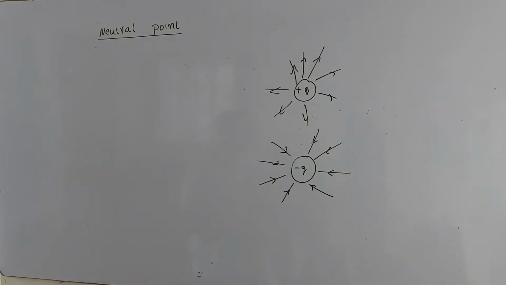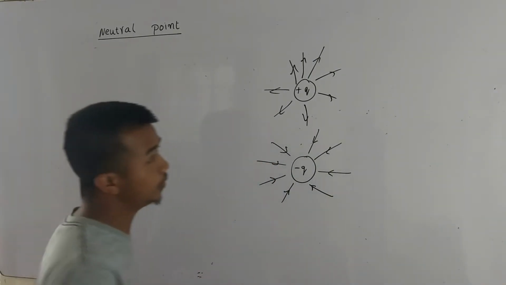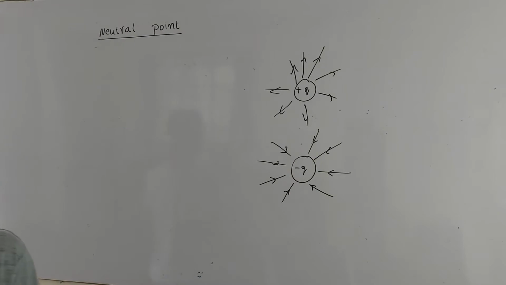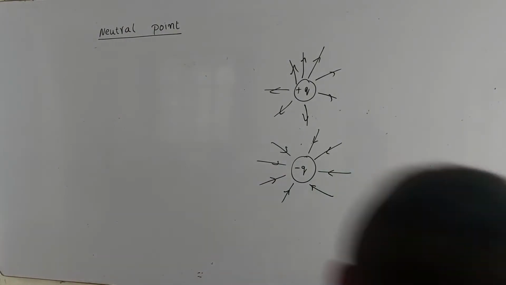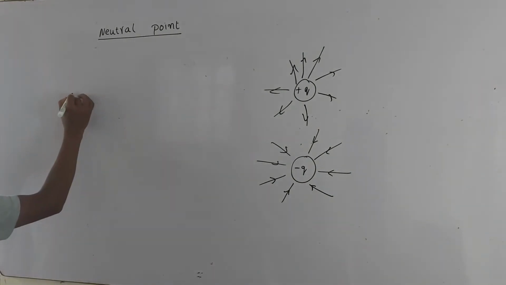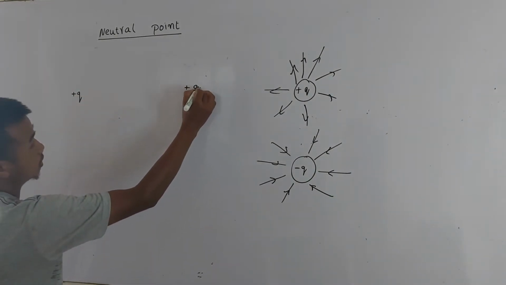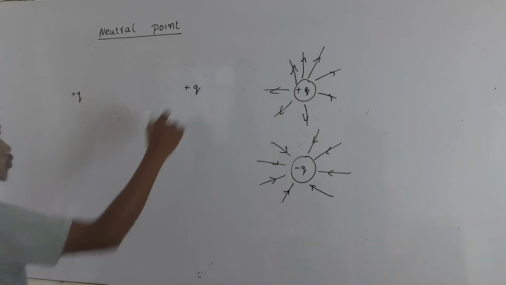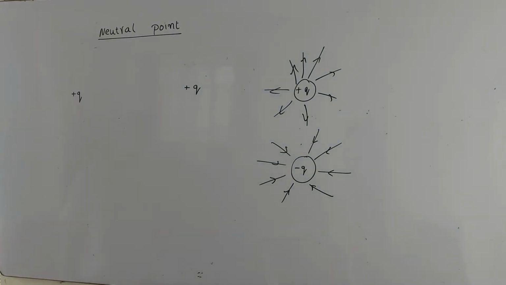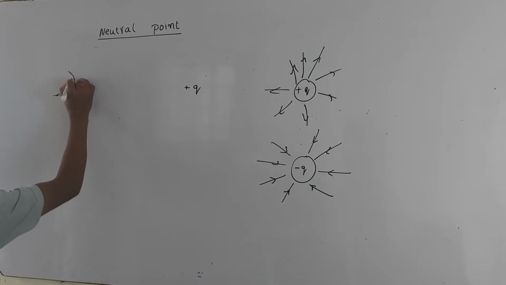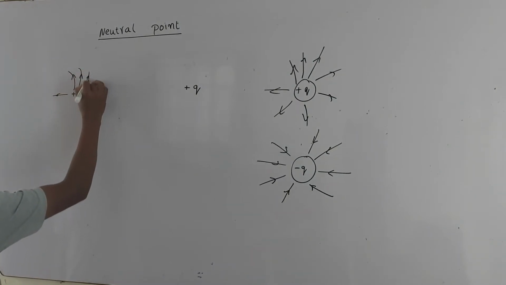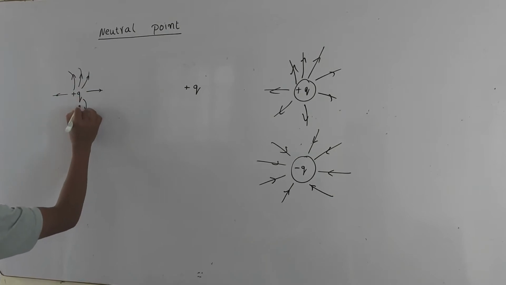In order to understand the concept of neutral point, let us consider two charges of the same strength. Here it is plus Q, and another charge is also plus Q. The direction of the electric field is like this.